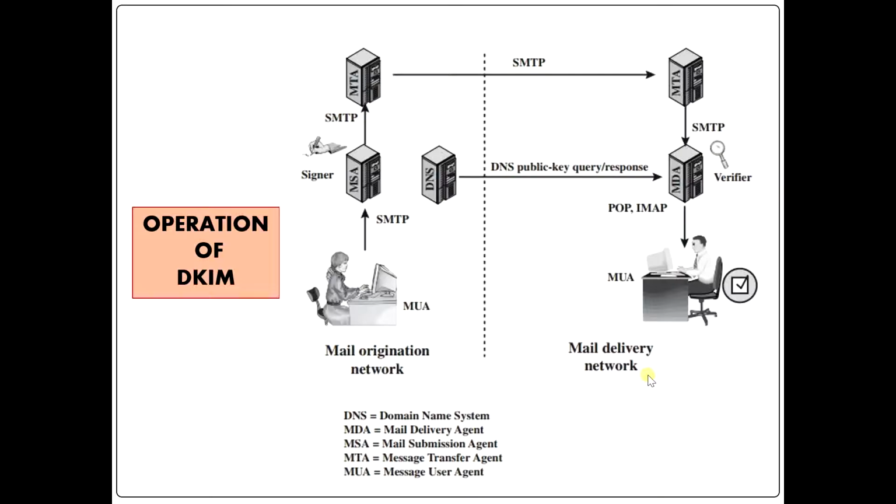The next one that we have is the operation of DKIM. This is basically a detailed explanation to show the operation of DKIM. Here we begin with the message generated by the user, which is transmitted into the MHS to an MSA within the user's administrative domain.